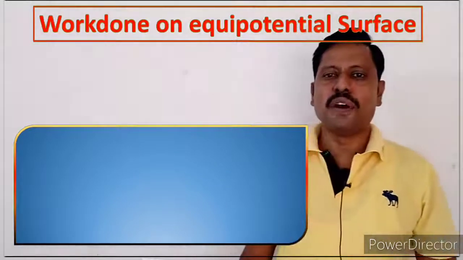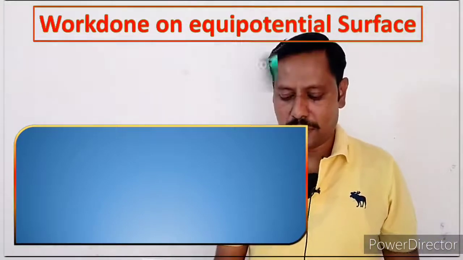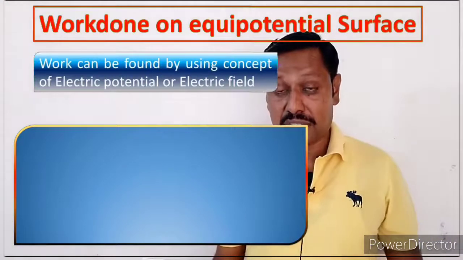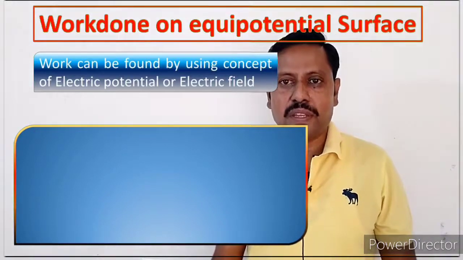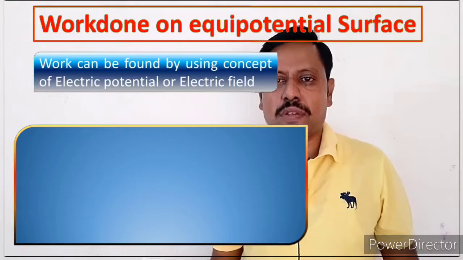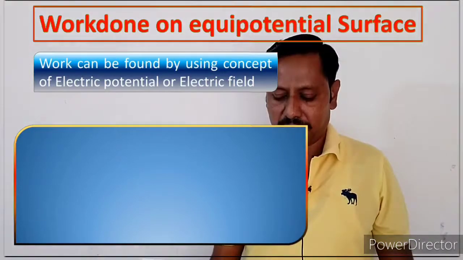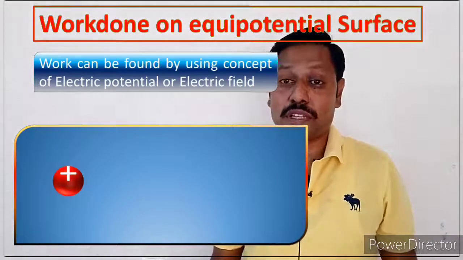This work done can be found by using two approaches. The first is that we can find this work by using the concept of electric potential, and the second is that we can find it by using the concept of electric field. So let's start with the concept of electric potential first.